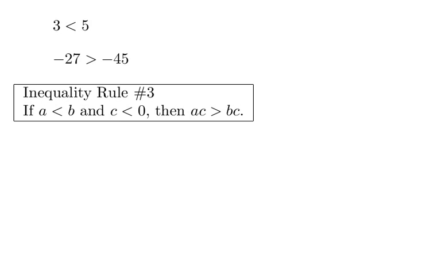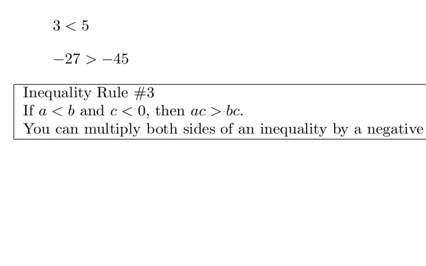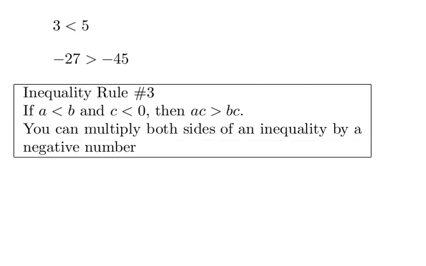You can multiply both sides of an inequality by a negative number. But you must flip the sign.